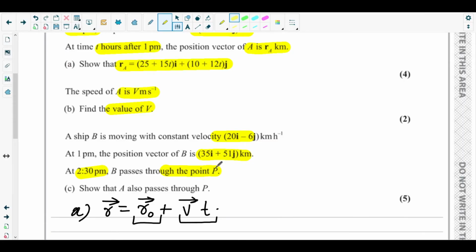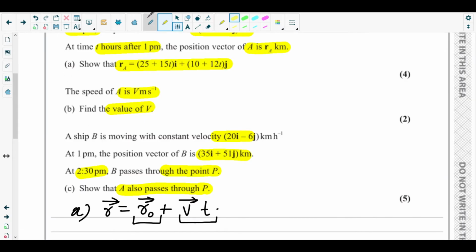Okay, fine. Now part C is asking us to show that A also passes through P. That means we need to show that ship A will also pass through the point P. In order to show that, definitely we need to know first what the position P is, right?